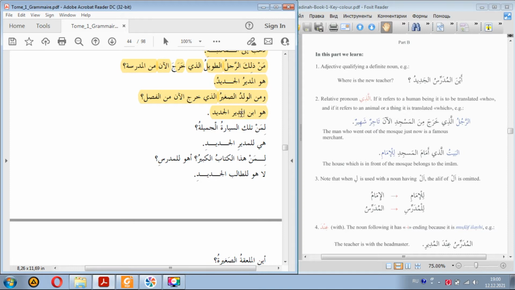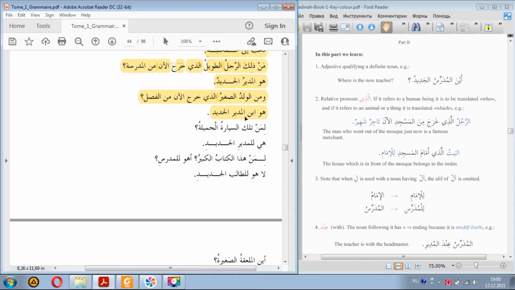You remember, ibnu, it's something that's possessed, al-mudir, it's the possessor. So ibn al-mudir, therefore it's mudaf, and this is mudaf ilayh, and mudaf ilayh has kasra in the end. You must remember that, but if you forgot about it, it's time to review the previous lessons.